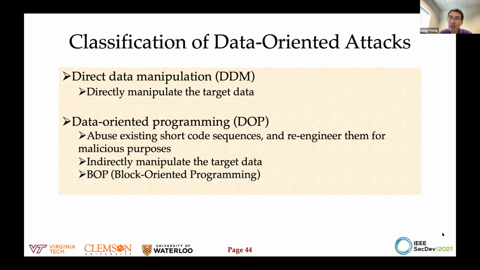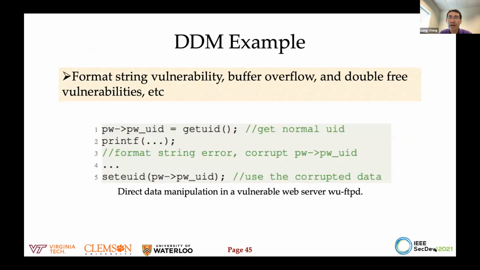The BOP, block-oriented programming attack, is similar to DOP. The main difference is that it operates at the basic block level. That means each gadget in BOP is basically a basic block. So next, I'm going to show some simple examples of those data-oriented attacks. The first one is a simple DDM, a direct data manipulation example.